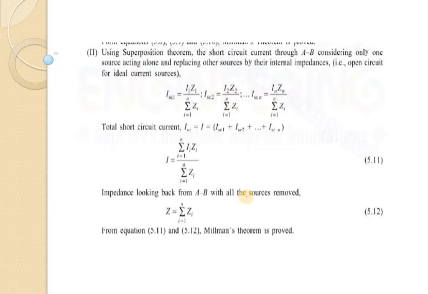Now 19.3.2, using the superposition theorem, the short circuit current through AB considering only one source acting alone and replacing all other sources by their internal impedance.